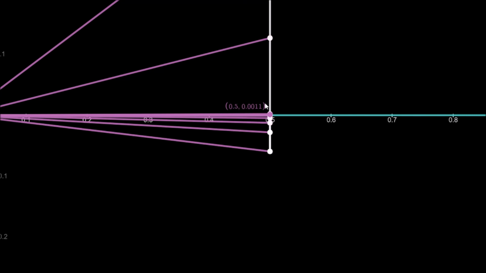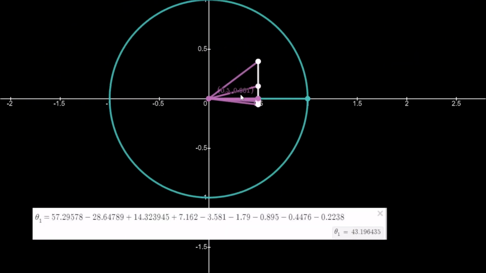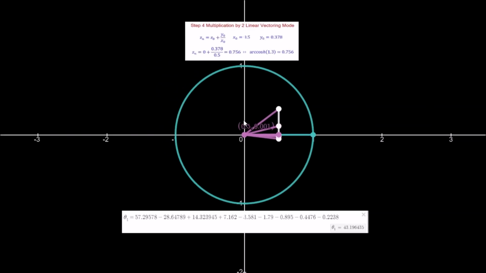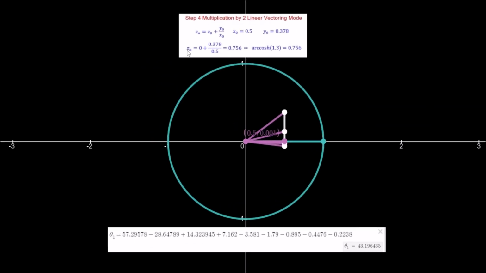So you can see the value for our y has tended to 0. But now what we are interested in is the output in terms of the angle Zn. So what I have to do again is add and subtract the angles depending on whether the value for our yi is positive or negative.